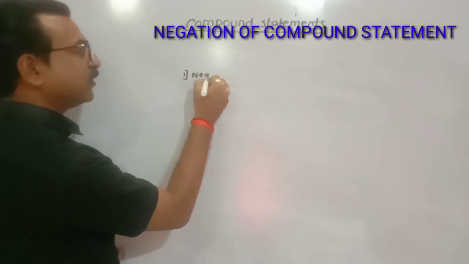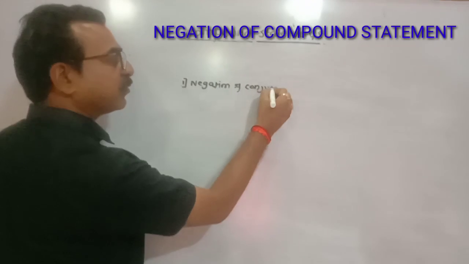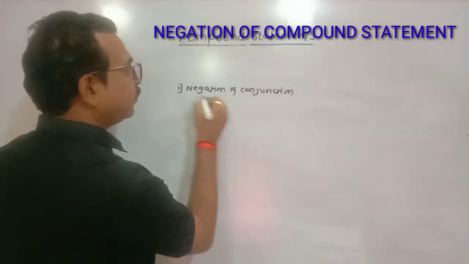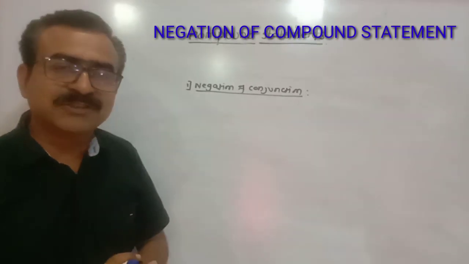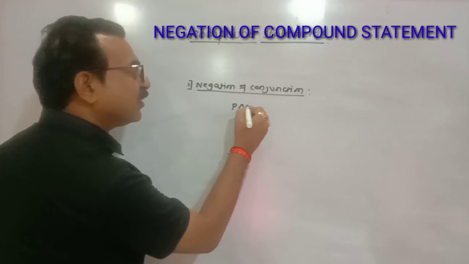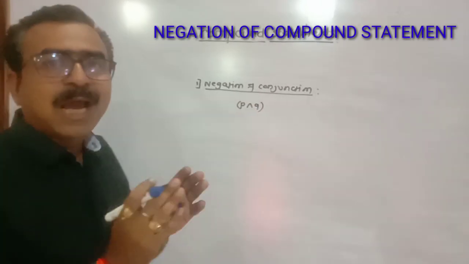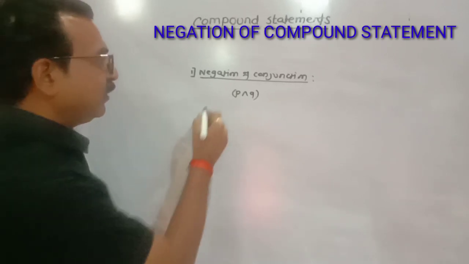Negation of conjunction. So friends, suppose you are given one conjunction statement. Let it be considered as P conjunction Q. And now you have to find out the negation of this conjunction statement.